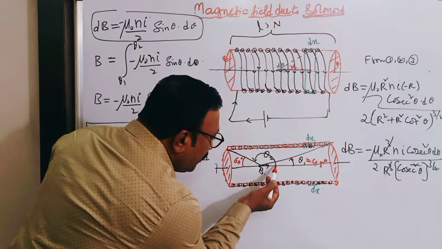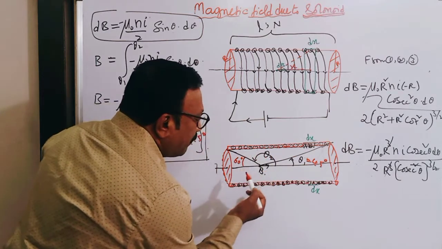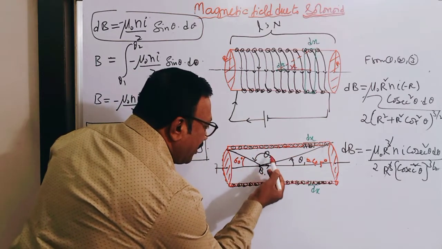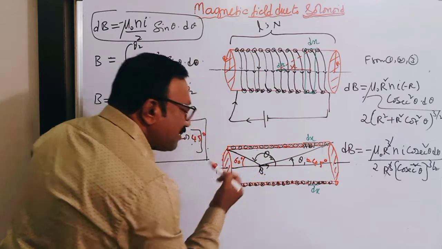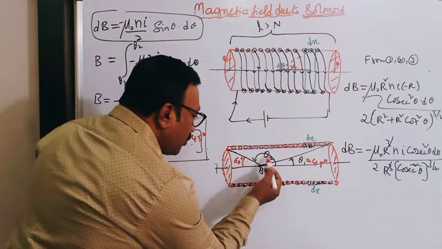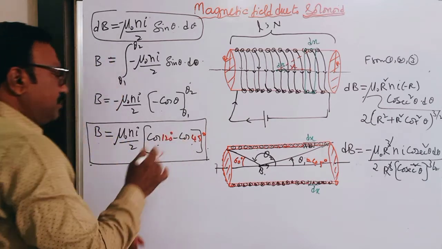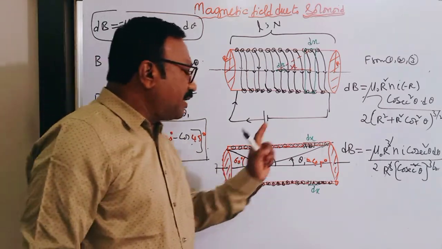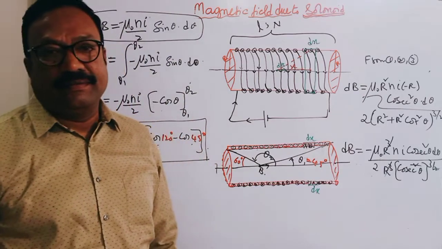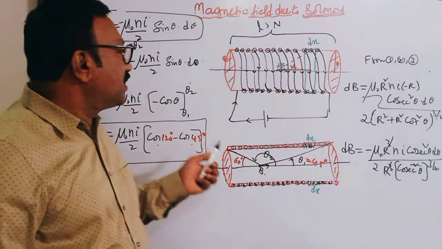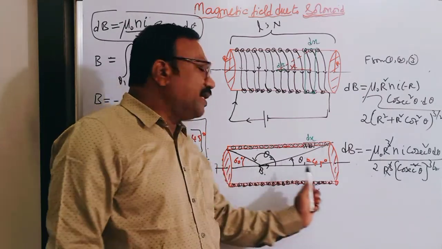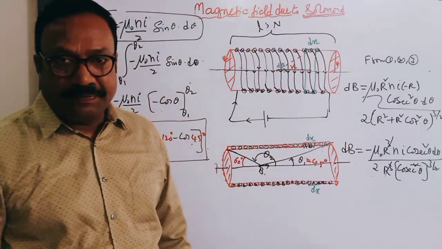But theta 2 is measured from the axis to this line, and you know the total angle on a straight line is 180 degrees. So 180 minus 60 is how much? 120. So I got theta 2 as 120 degrees. Then simplify, and you will get the magnetic field at this point. So this is an expression to determine the magnetic field on the axis of a solenoid.